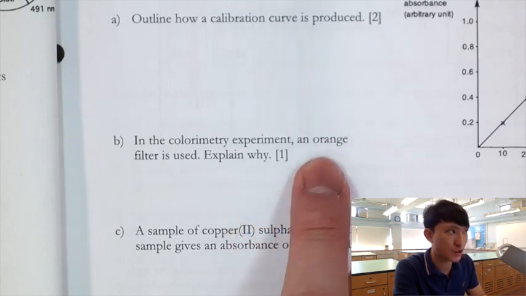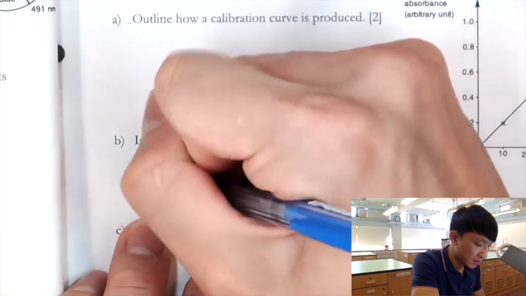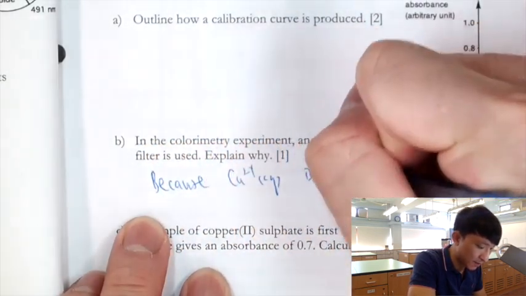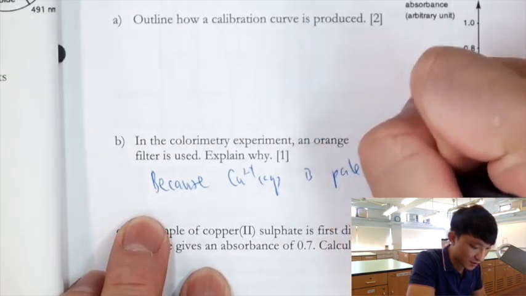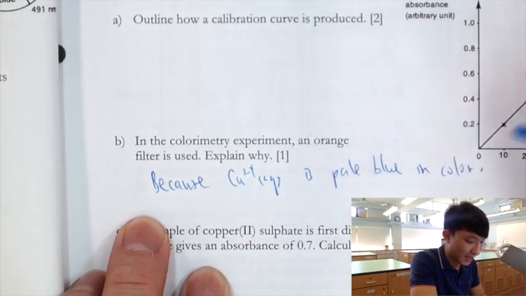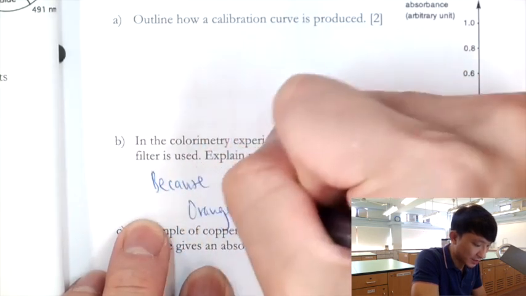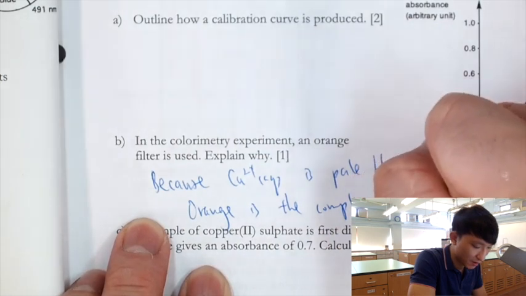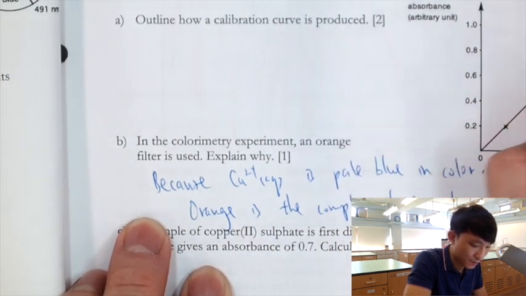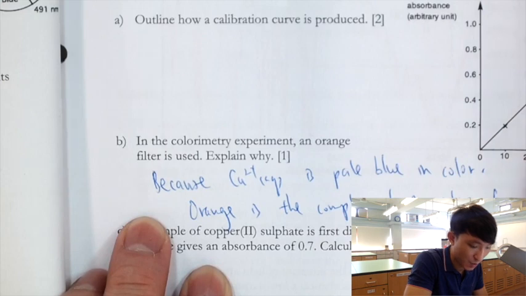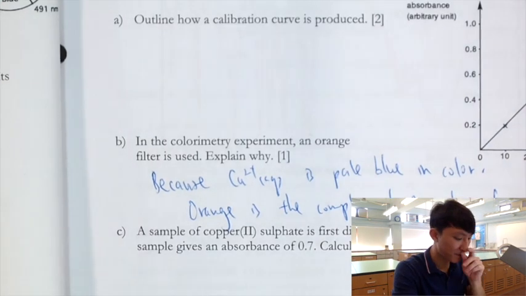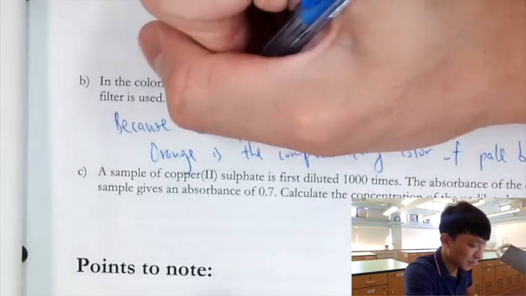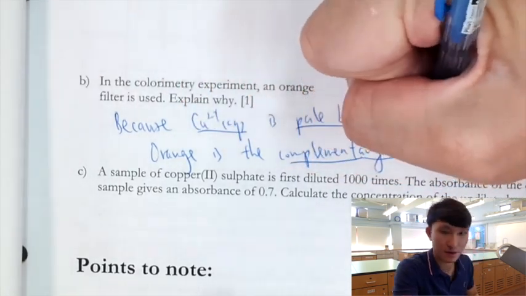The reason why we use an orange filter is because Cu2+ (aq) is pale blue in color, and orange is the complementary color of pale blue, which is our target solute. So you need to mention the color of Cu2+, as well as orange being the complementary color.